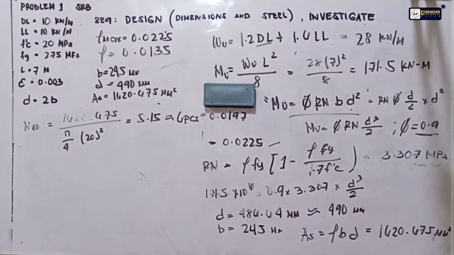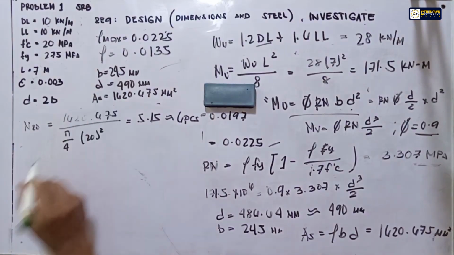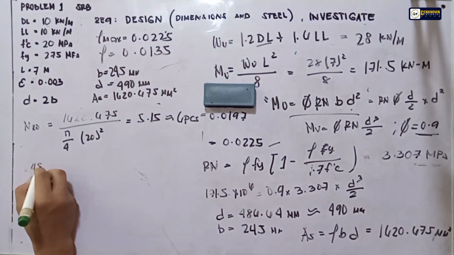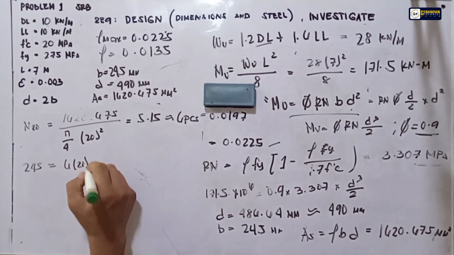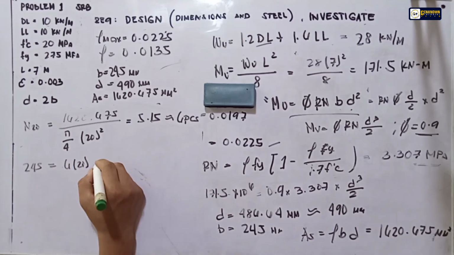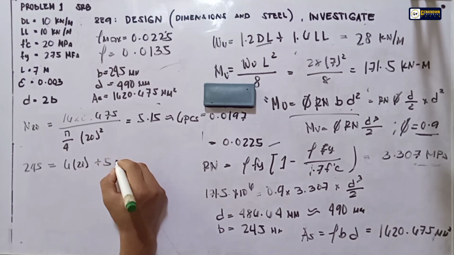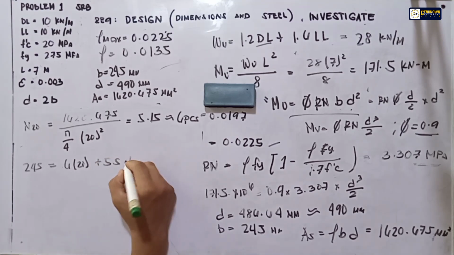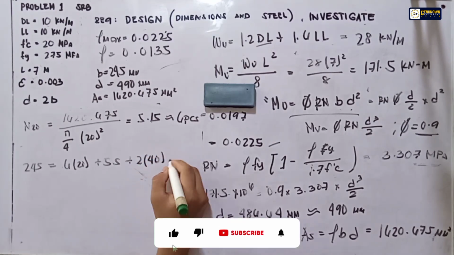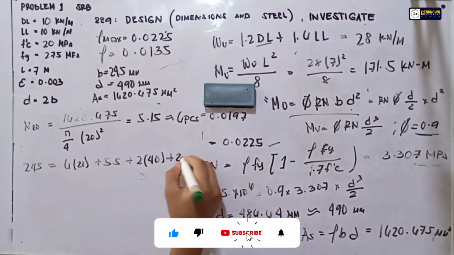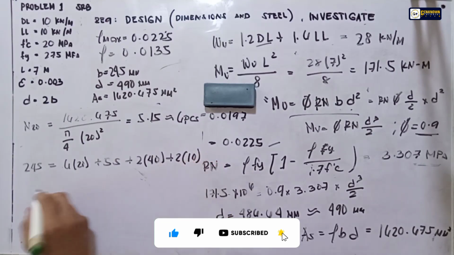So, let's check kung adequate ba yung spacing ng bakal natin. Ang b natin is 245, is equal to 6 na 20 plus 5 spacing, plus i-assume natin ang concrete cover natin is 40, dalawang 40, and yung stirrups natin is dalawa rin, assume natin na 10 mm.